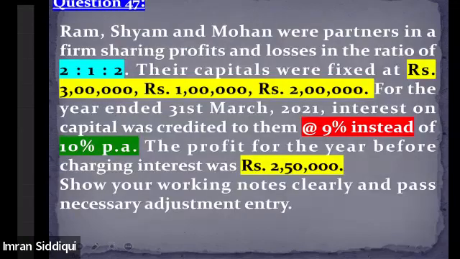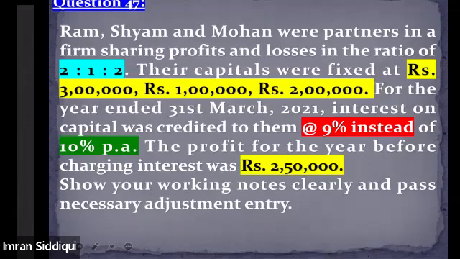The next one is pretty much similar, only the values and some other information apart from the interest on capital are different. It says Ram, Shyam, and Mohan were partners in a firm, sharing profits and losses in the ratio of 2:1:1. Their capitals were fixed at rupees 3 lakh, 1 lakh, and 2 lakh for the year ended 31st March 2021.